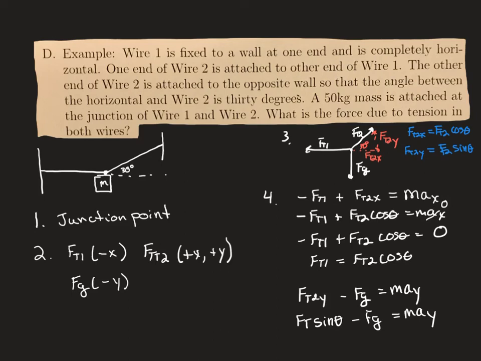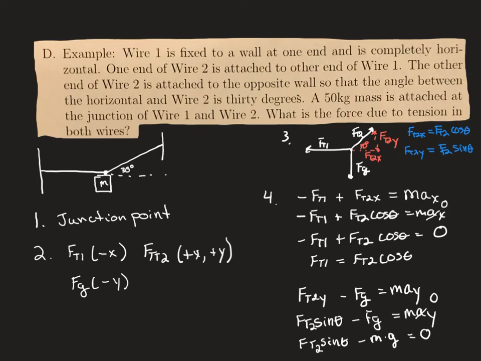So in order to find force of tension 1, I need force of tension 2. Let's try the y direction. The object is not in motion in the y direction either, so this is going to be 0. So force of tension 2 times the sine of theta minus the force of gravity, which remember equals m times g, is going to equal 0, because 0 times m is still 0.